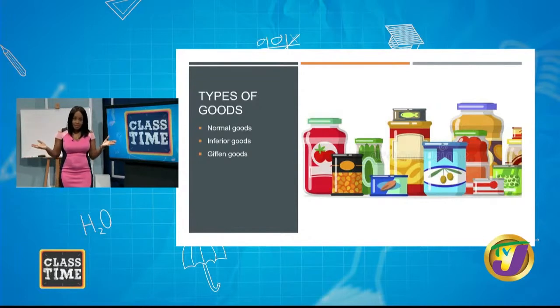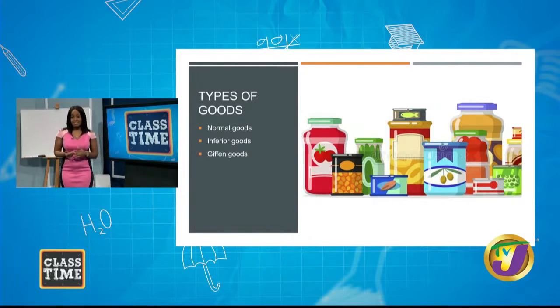Maybe when you used to get the $500, you used to purchase bun and cheese. But now that you're getting $1,000 per day, you decide that bun and cheese is not going to cut it for me anymore. I need to order some ackee and saltfish and fried dumpling and barbecue chicken and fried chicken and everything. Because you were only purchasing bun and cheese simply because you didn't have enough money. So for you, that's an inferior good.